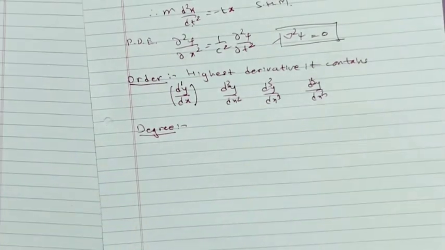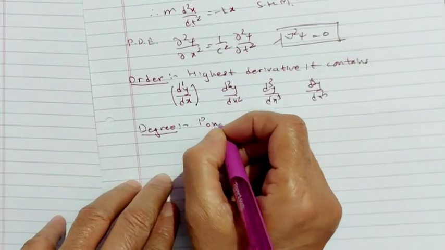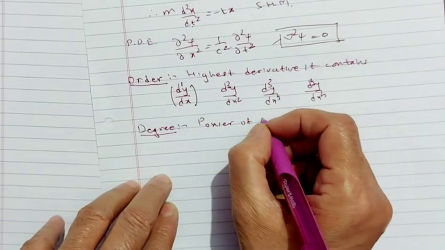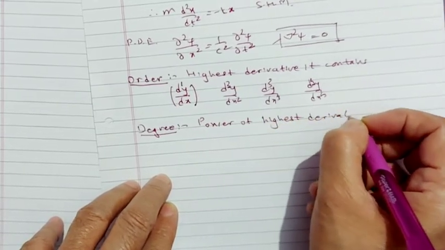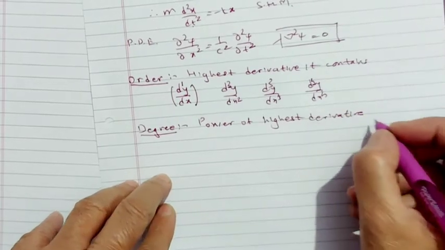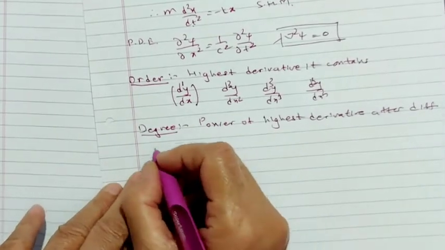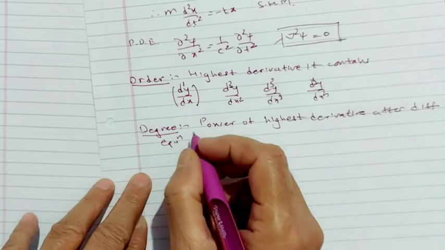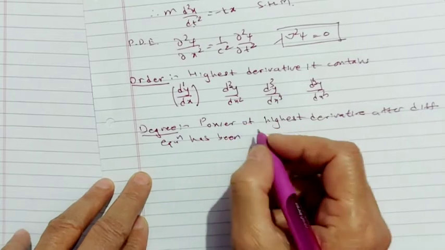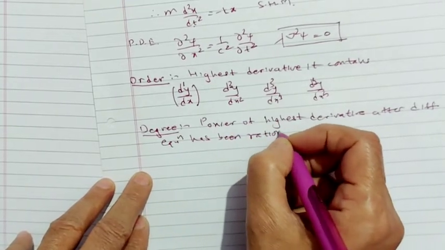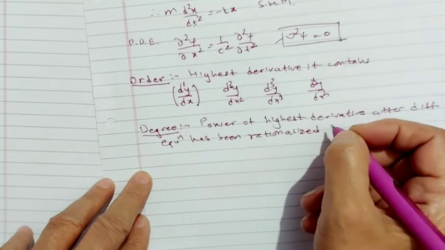Basically it is the power of the highest derivative, after the differential equation has been rationalized, because unless you do the rationalization, it is not advisable to define the degree of the differential equation, correct?